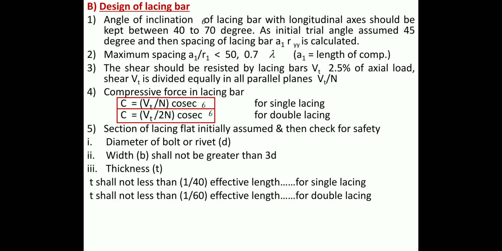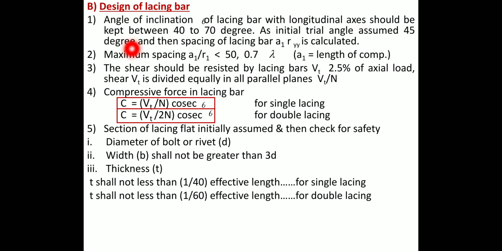Then the second point, we are going to design under the heading of design of lacing bar or lacing system. First is the angle of inclination, indicated by theta in degrees, of the lacing bar with the longitudinal axis, which may be the z axis or y axis.